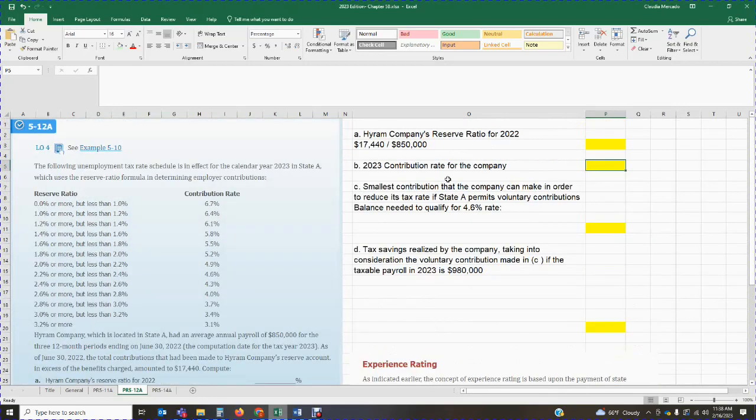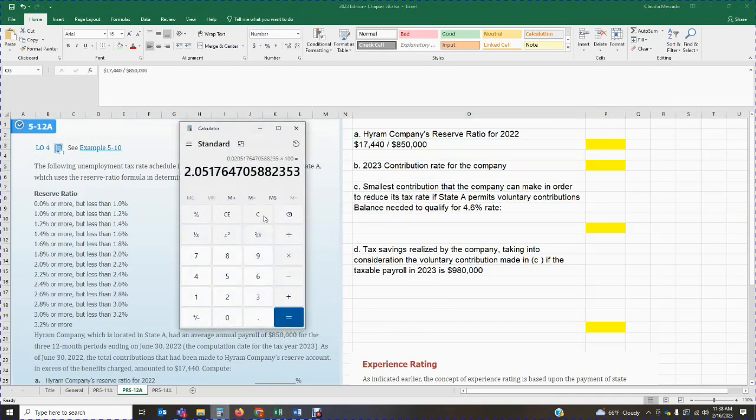We're going to take our $17,440 and divide it by our $850,000. That $17,440 is how much you have sitting in your reserve account right now, divided by your average payroll. Currently, that is our reserve ratio rate.